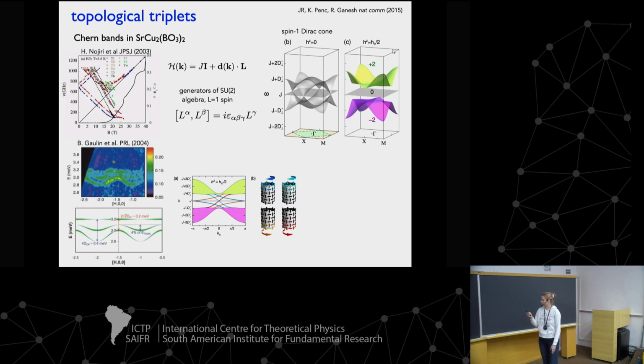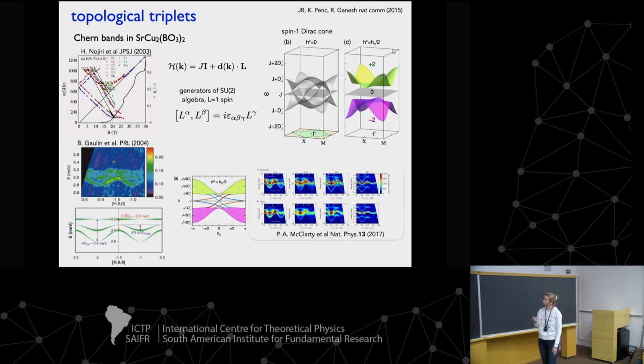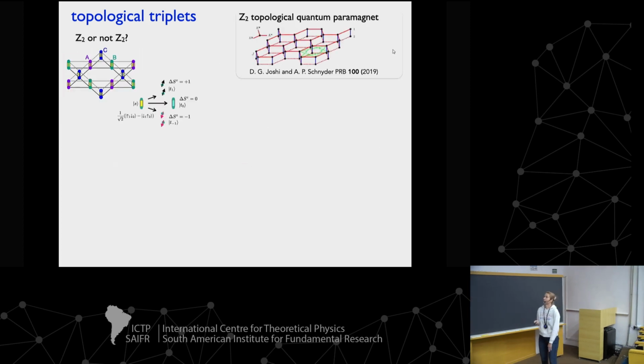And later this neutron spectrum was measured again, in very nice work by Paul McClarty and Radu Coldea. They showed also that bound states of these triplets are important in this compound, and they also contribute to the non-trivial topology.